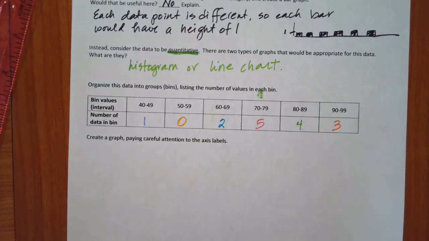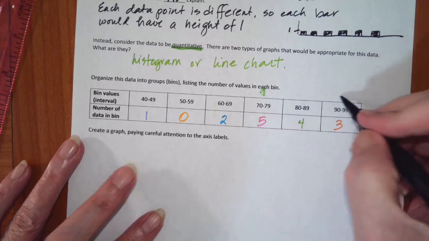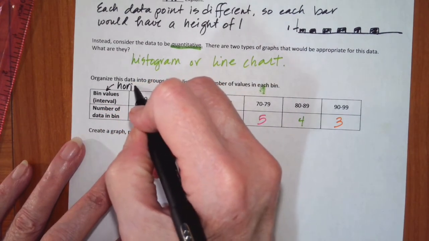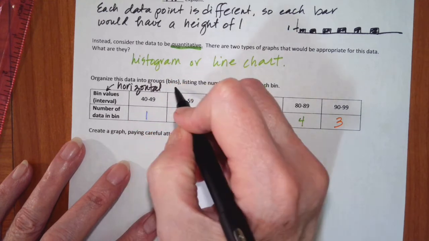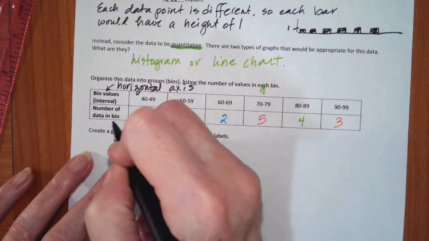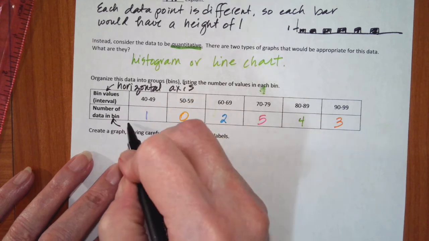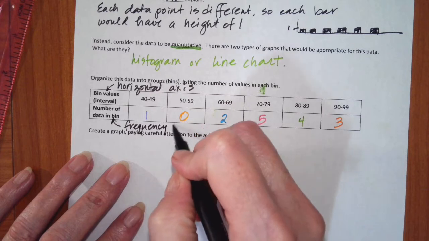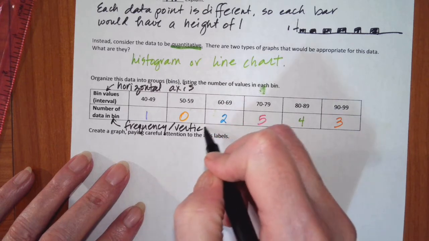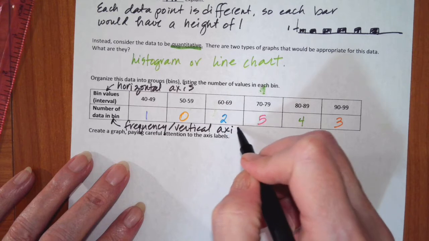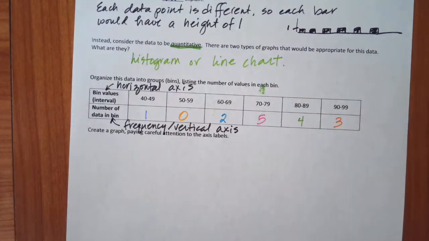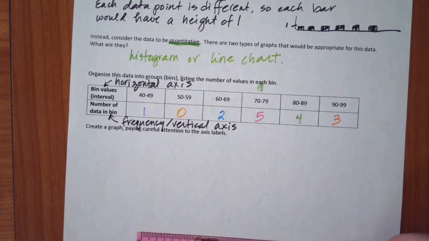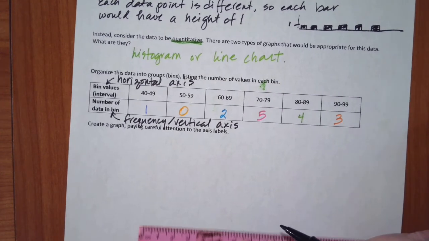Okay, so the bin values, these are going to be my horizontal axis. And this is going to be my frequency, which is my vertical axis. Okay. So let me draw a graph here, and then we'll figure out all the things that we need to do for it.